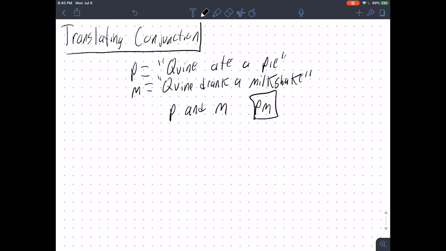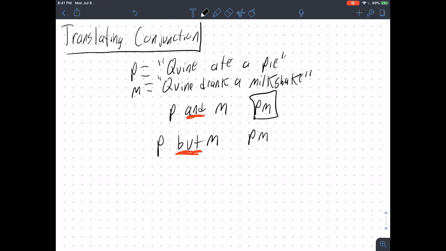So if you were to have the sentence, Quine ate a pie, but he also drank a milkshake, that would also translate to PM. A lot of people don't recognize that "but" and "and" mean the same thing, logically speaking, in ordinary language, but they do. So you have to remember that. Just memorize that "but" is another way of translating conjunction.